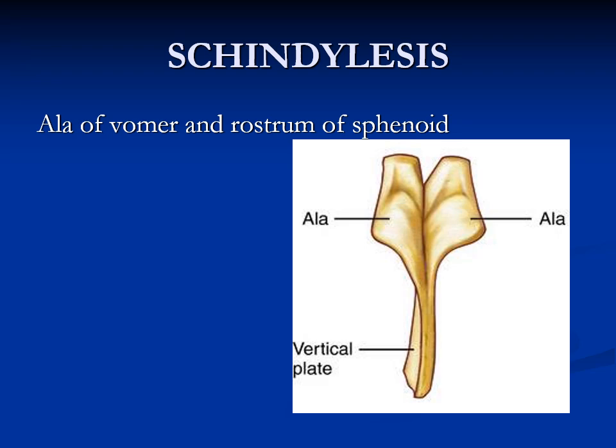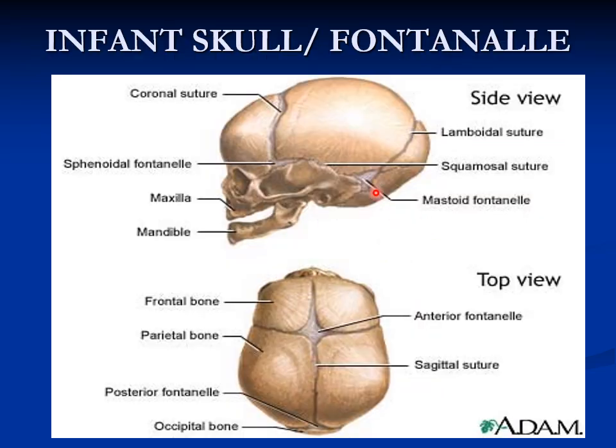The sutures in the skull bones of infants or newborns are different as compared to adults. In the skull of the newborn, the bones are uniting together, and here you can appreciate some wider gaps which are filled with membranous or fibrous tissue, making the soft spot.